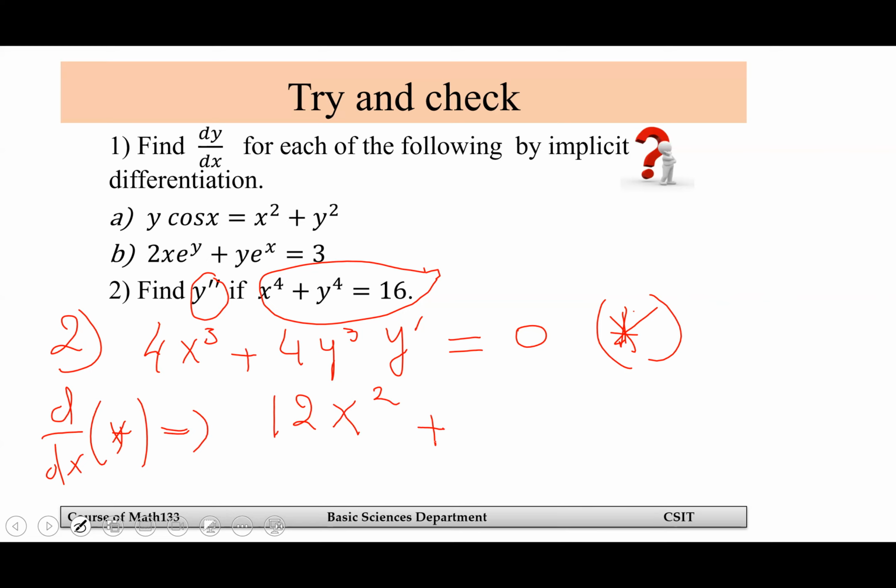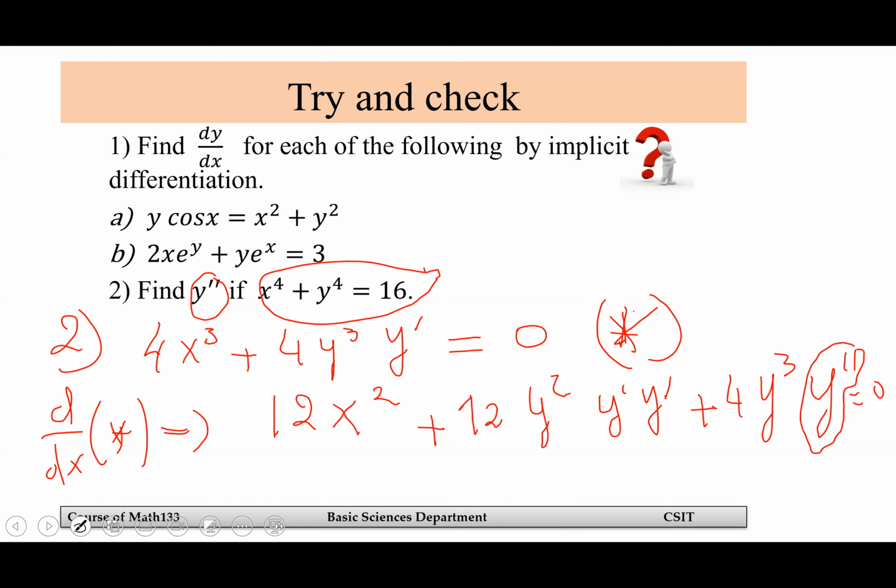For the y cubed derivative, there is 12y squared y prime, and then plus 4y cubed y double prime equal to 0. And here appears the y double prime. By the way, from star, I can get y prime. So y prime will be equal to minus x cubed over y cubed.